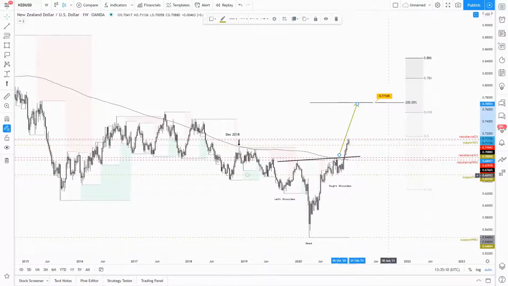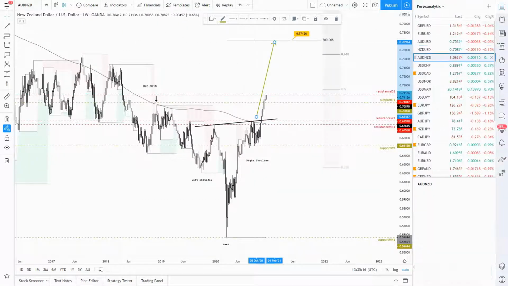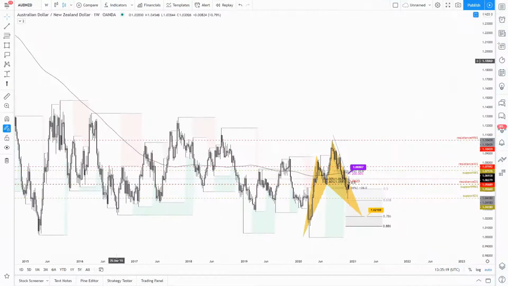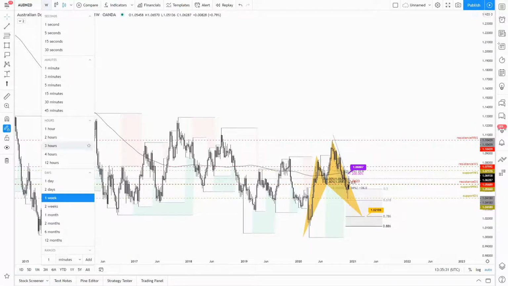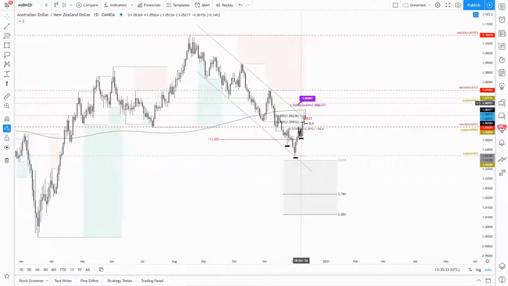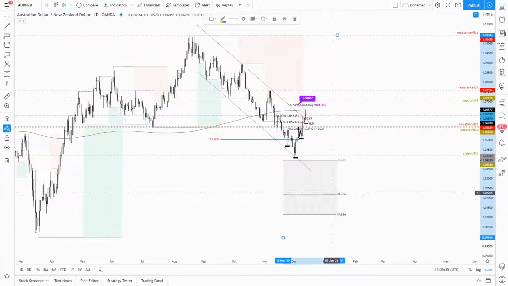So I avoid getting involved on the Kiwi for the short side at this point. Australian dollar versus the New Zealand, we have also one higher degree bullish cipher pattern projected at 78.6, 1.0218. So let's see how the market will react until there. 78.6, just below the most recent support level.